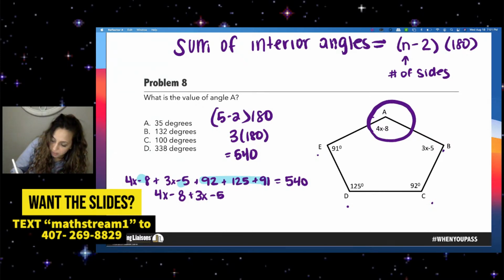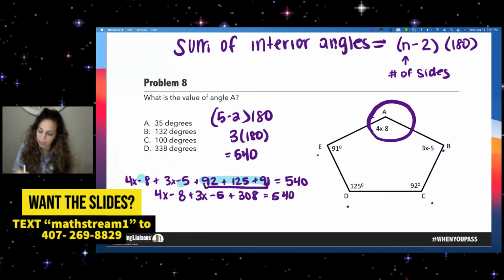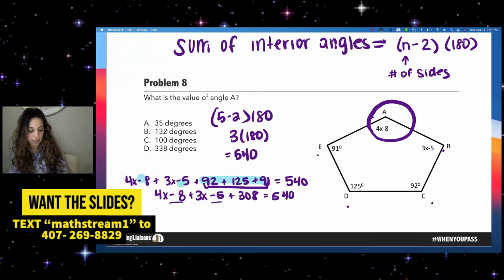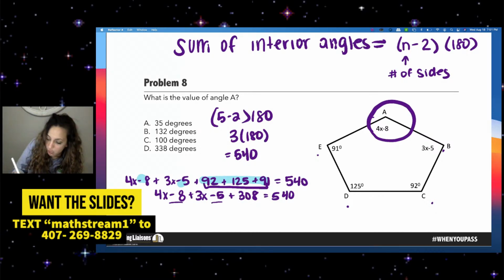So all of this equals 308. Then I have 308 minus 8 minus 5. Well, 308 minus 8 is 300, and 300 minus 5 is 295. So I have 4x plus 3x plus 295 equals 540. So really I have 7x plus 295 equals 540.